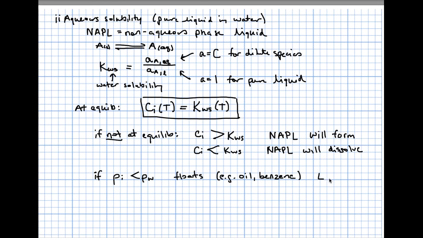And in that case, it's called an LNAPL, or a light non-aqueous phase liquid. And if the opposite is true, that if the density is greater than water, then the pure liquid will sink and accumulate below the water. And there are a bunch of compounds that fall into that category, like chloroform, carbon tetrachloride, and those are called dense non-aqueous phase liquids, or DNAPLs.